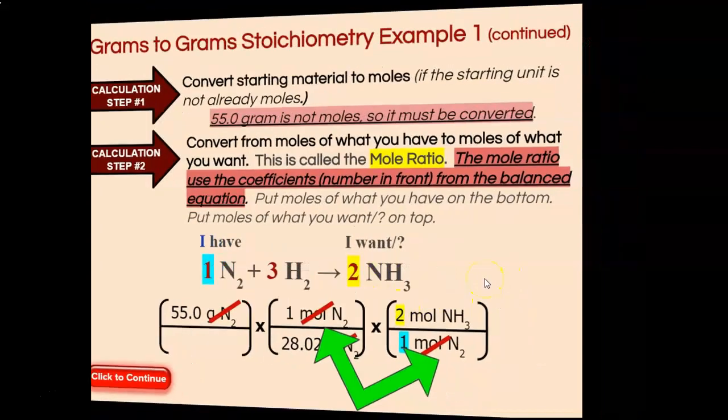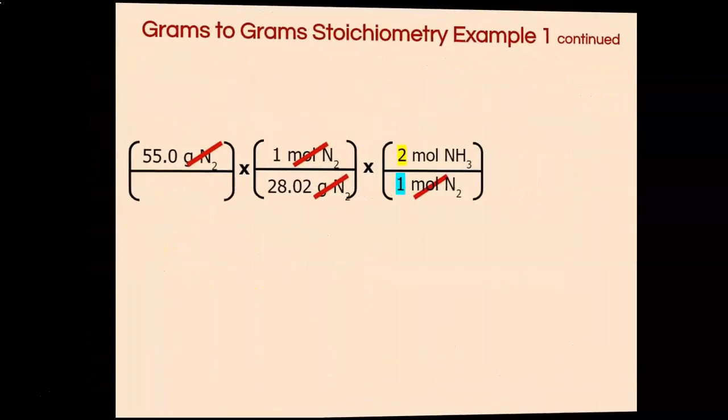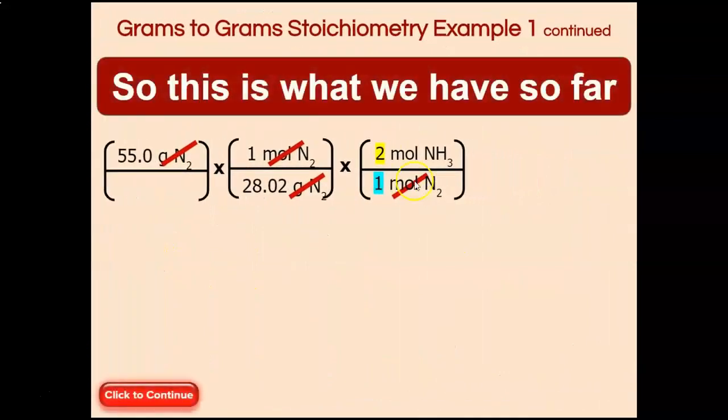Continuing on, this is what we've got so far. Remember that we canceled our grams of nitrogen and converted to moles. And then the next step, we used our balanced chemical equation to convert from moles of nitrogen here to moles of ammonia on top. Since the problem asked us to convert to grams of ammonia, that's going to be our final step.